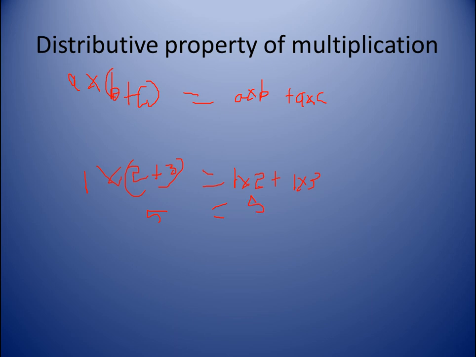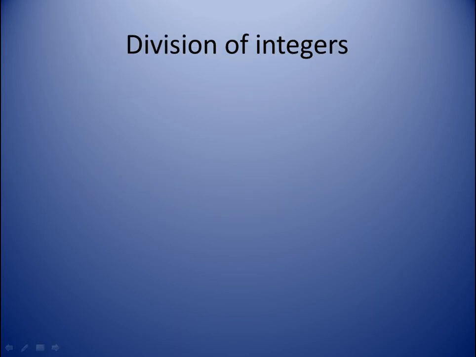So these all are equal. So multiplication is distributive for integers.